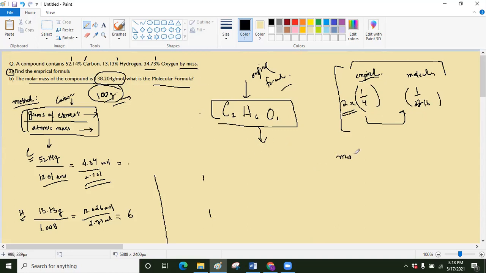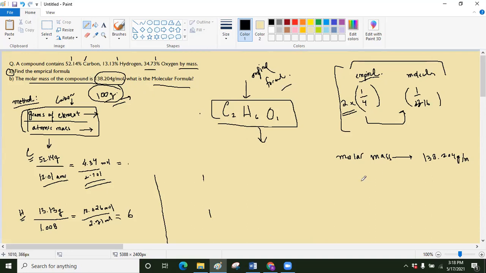That is something the question provides. The molar mass is 138.204 grams per mole.